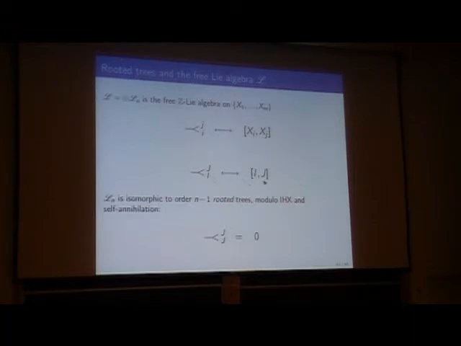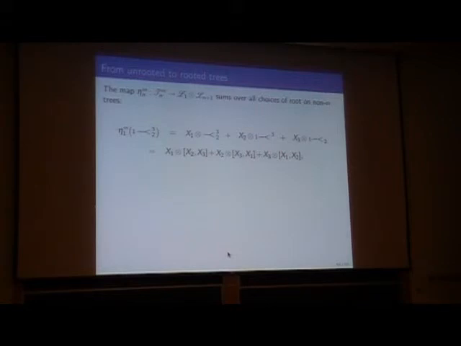And then recursively, you get iterated commutators. As an abelian group, if you look at the degree n part of the free Lie algebra, it's just order n minus 1 rooted trees modulo IHX. And instead of antisymmetry, we have this stronger self-annihilation relation.